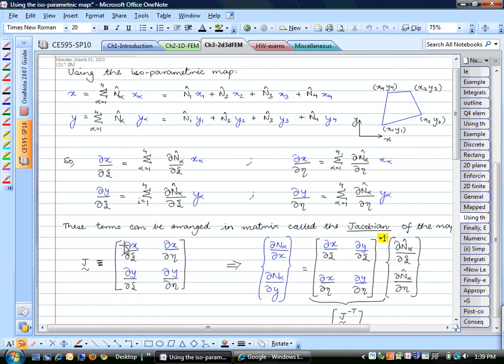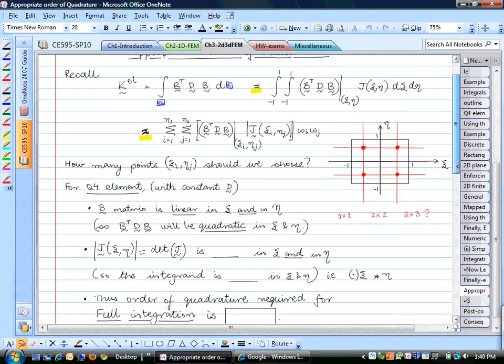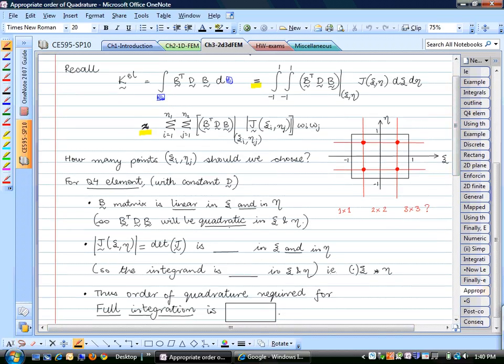So this term will be linear in eta and this term will be linear in Xi. So the product of those two is going to be linear in Xi and linear in eta. So essentially what we are saying here is that this term is going to be linear in Xi and eta, and so the total integrand will be of what order?